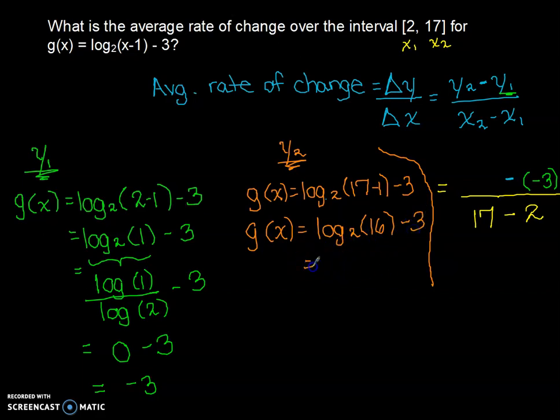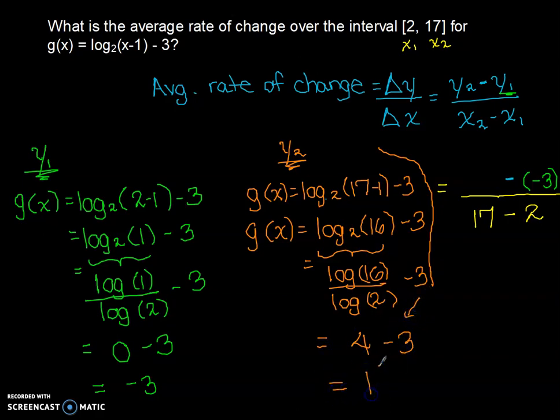Again, if you have a calculator that only calculates a log base of 10, we'll apply the change of base formula, log of 16 divided by log of 2. And then once we get that answer, minus 3. So log of 16 divided by log of 2 will give you 4. 4 minus 3, that'll give you 1.